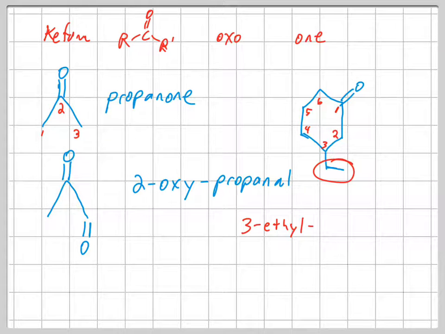And then we would say this is 3-ethylcyclohexanone. And we don't have to number where the ketone is located because there's only one, and it's understood that in this molecule it has the highest priority, so it has to be assigned the lowest number possible, which is 1.